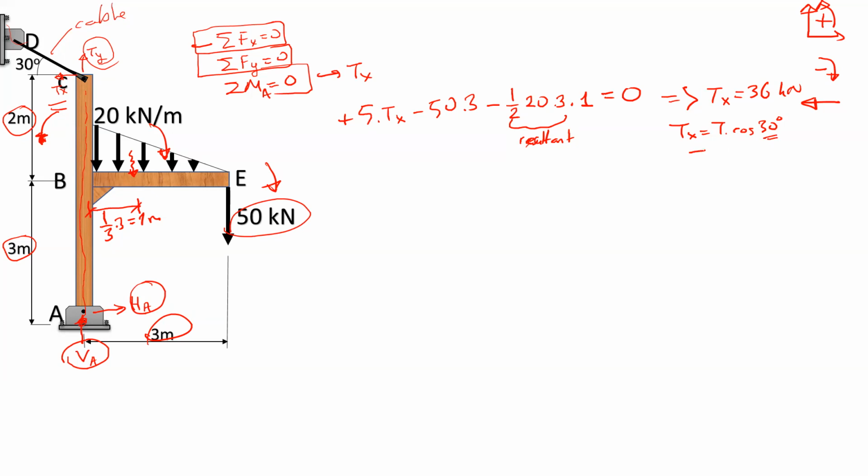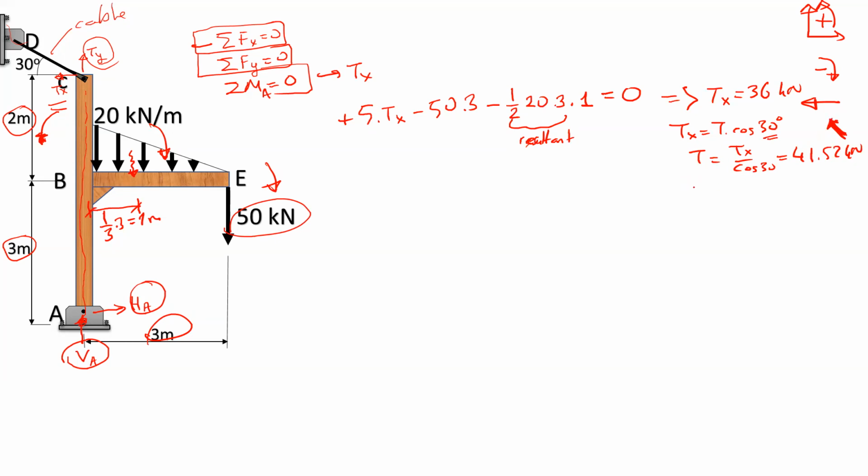So T is going to be equal to Tx over cosine 30. From here, I can calculate T as 41.52 kilonewtons, and this force is positive as well, which means that the direction I assumed in the beginning of the question is correct.